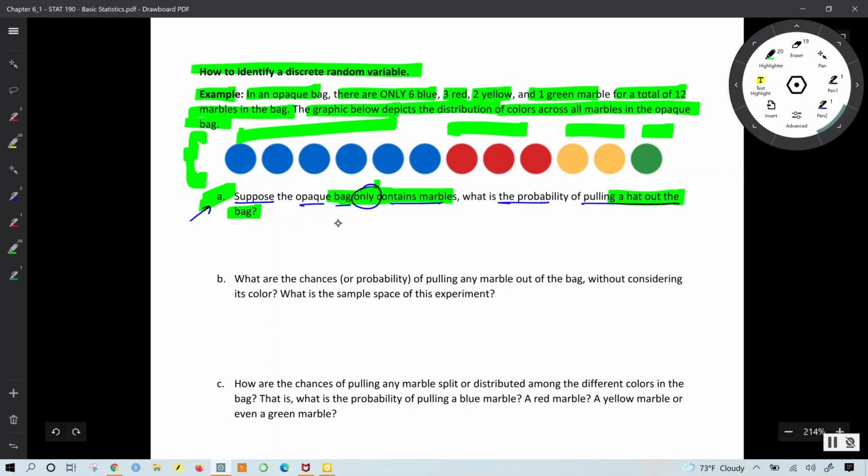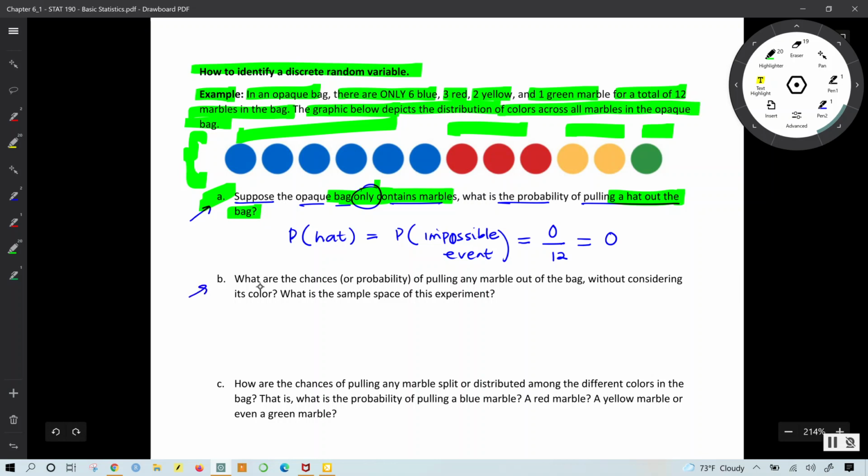In this case, the probability of pulling a hat is the same as the probability of an impossible event. This might remind you of what we learned in the previous chapter. We stand a 0 out of 12 chance of pulling a hat out of a bag that only contains marbles. So you have 0 here.